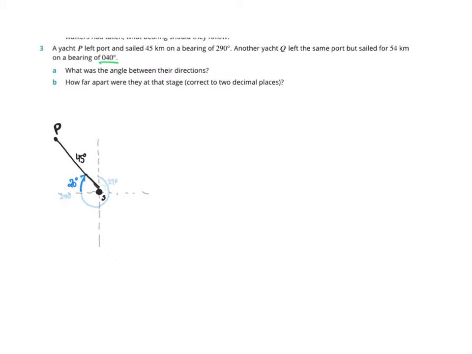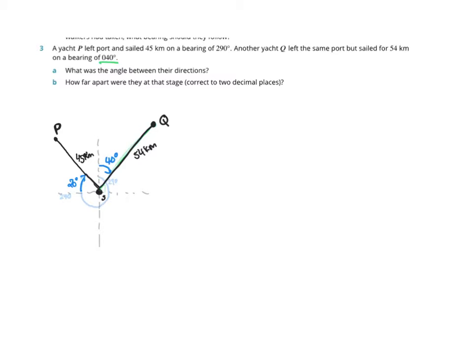Remember, that's 90, so it must be somewhere like out here. And they went 54 kilometers, so out went Q, 54 kilometers, on a bearing of 40 degrees. So I know this bit in here is 40 degrees.